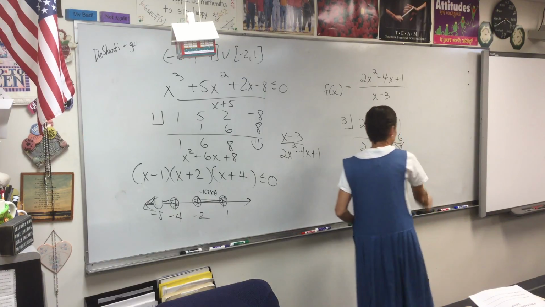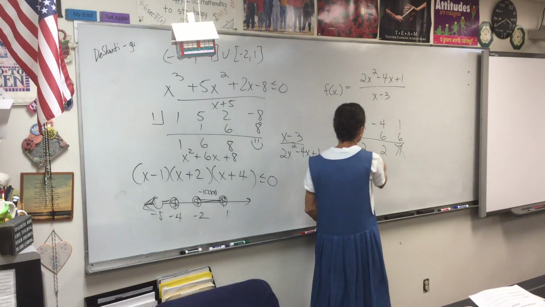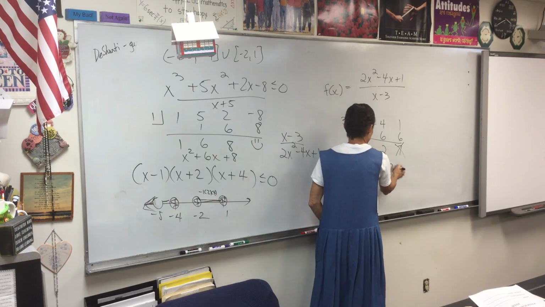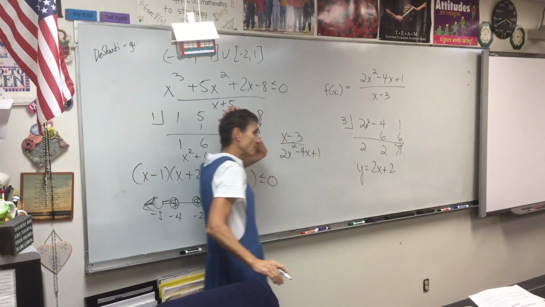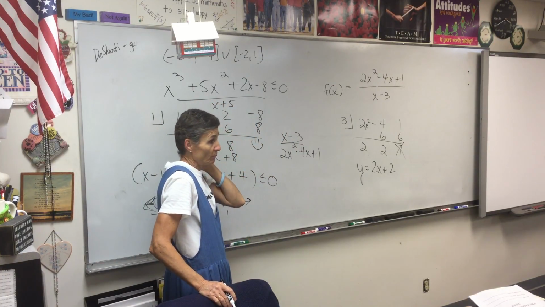Remember, this guy's the remainder, right? And he doesn't count. All that counts is what's left. This was x squared, so this is x. So y equals 2x plus 2. So my end behavior asymptote is a line with a slope of 2 and a y-intercept of 2, right?